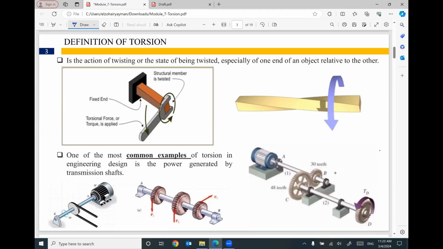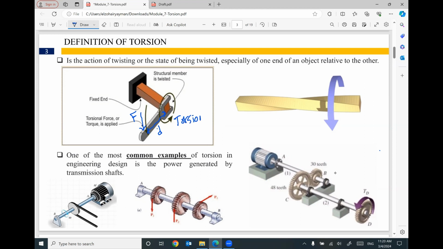If you look at this beam under the effect of this wrench, we are going to apply a force here. This force, besides this length, if you multiply this force by this distance, you can create something called torsion.